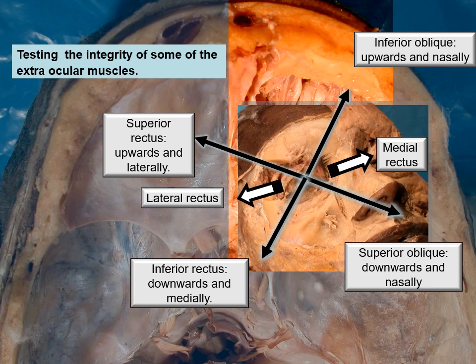That is why upwards and nasally tests the inferior oblique, downwards and nasally tests the superior oblique, direct medial movement tests the medial rectus, direct lateral movement tests the lateral rectus, upwards and laterally tests the superior rectus. I repeat, upwards and laterally tests the superior rectus, downwards and medially tests the inferior rectus. So these are some of the ways by which the extraocular muscles can be tested.